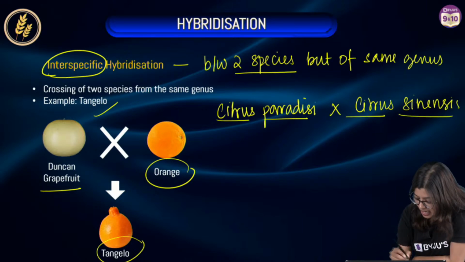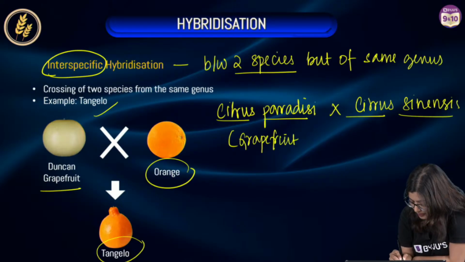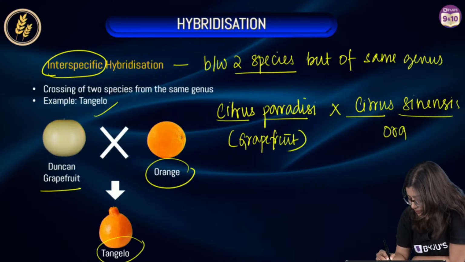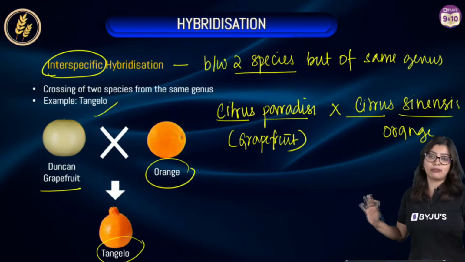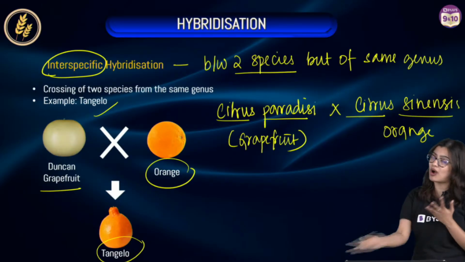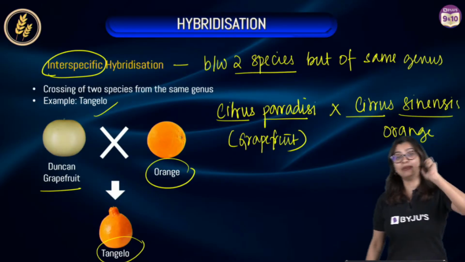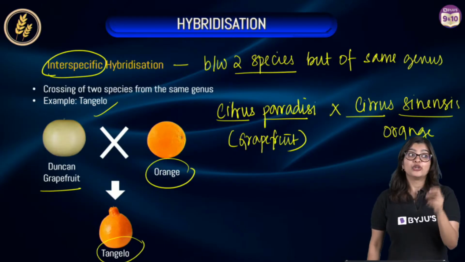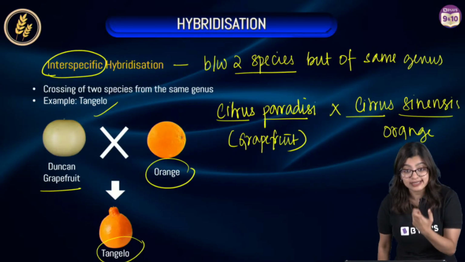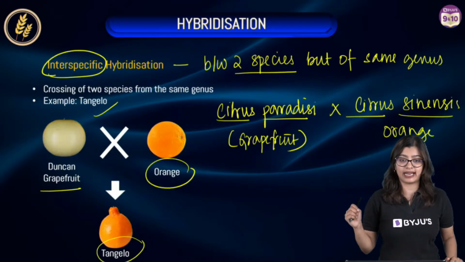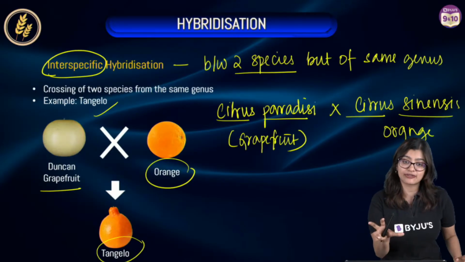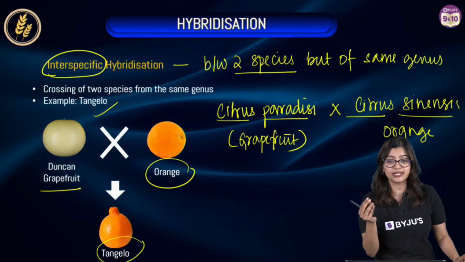Now this is grapefruit and this is orange. You don't need to remember these names. None of you need to remember these names. I am teaching this so that you are able to understand the concept. When I say intervarietal, what do you mean by that? What do you mean by interspecific?